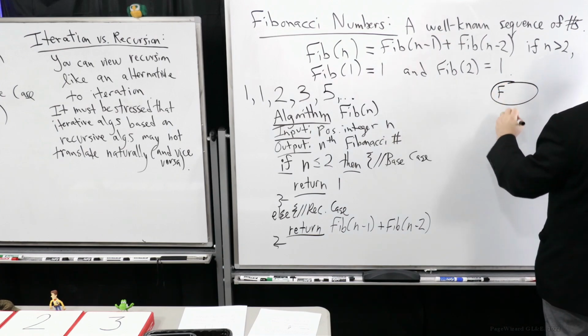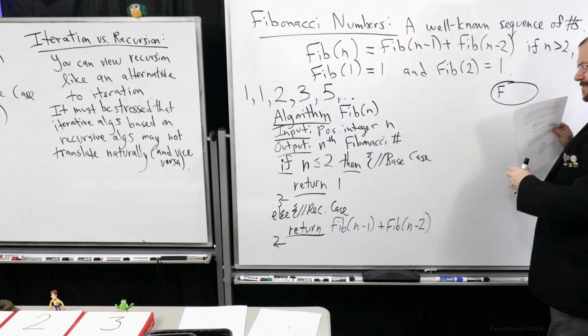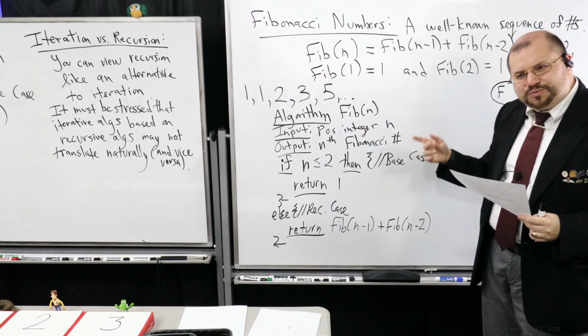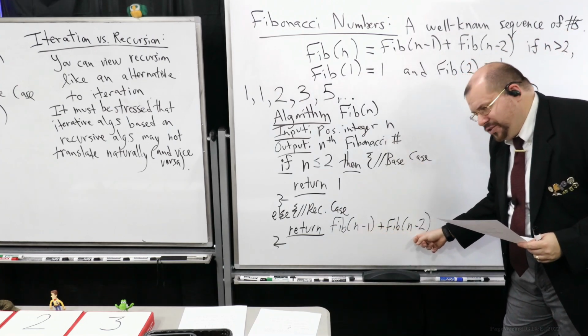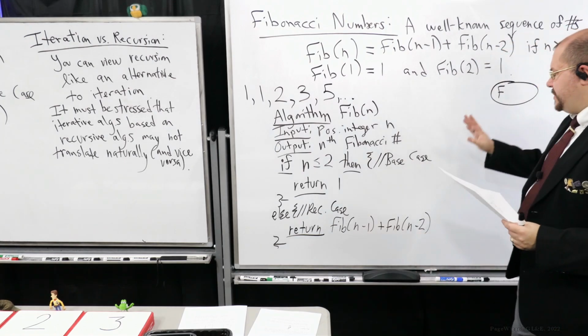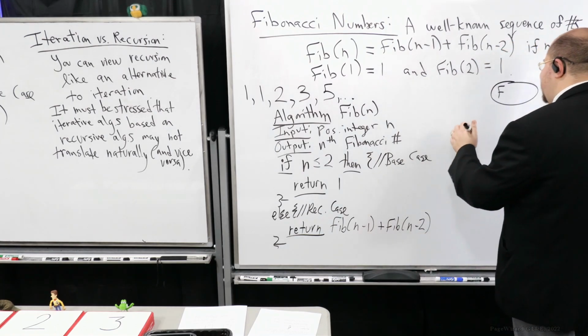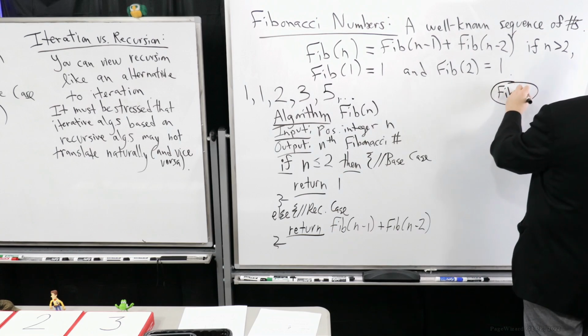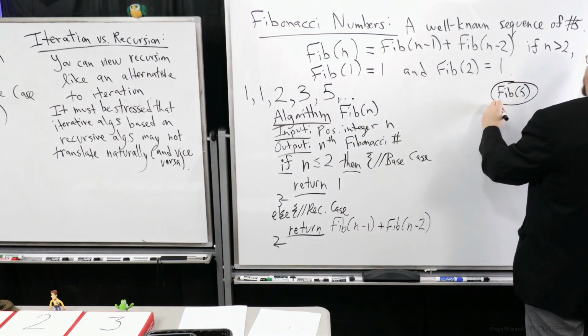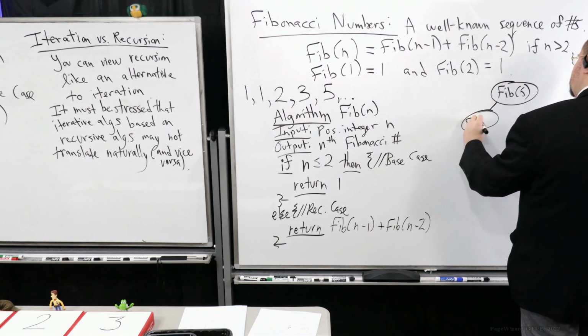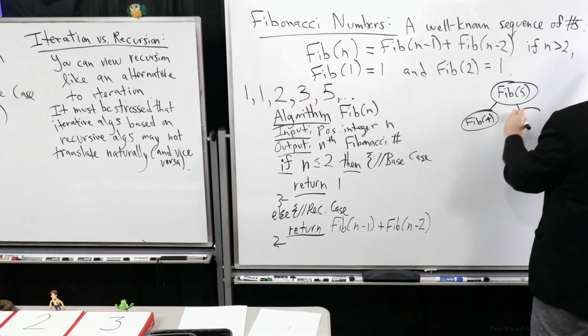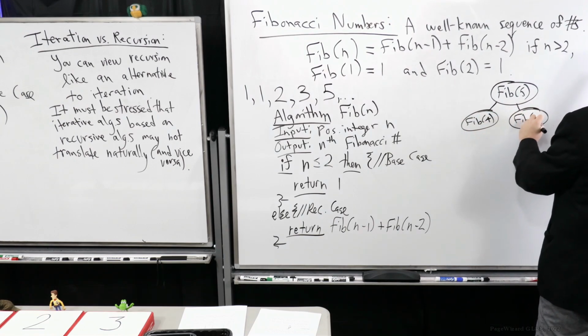So remember that the order of these calls may matter for which one finishes first out of these two recursive calls. But the point is to get the answer of fib of 5. To get that answer, you need fib of 4. And you need fib of 3, right?